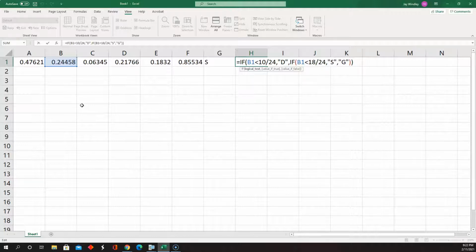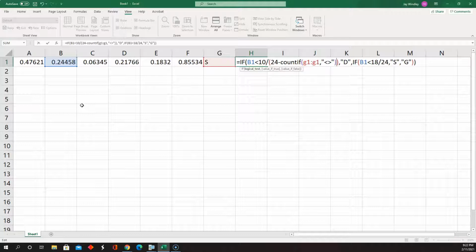Now, rather than typing in 23, I'm going to put parentheses around the 24, and I'm going to say 24 minus COUNTIF G1 through G1, and then quote not equal to quote. And then I have to end the parentheses on that COUNTIF.